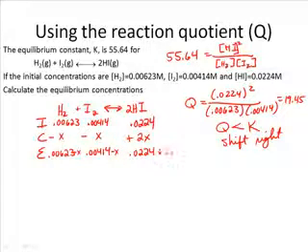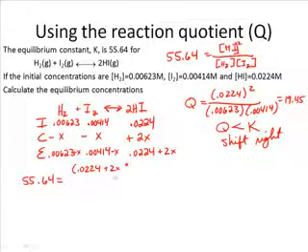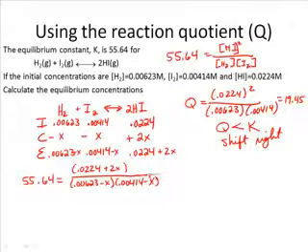So our expression: 55.64 is equal to 0.0224 plus 2X, over 0.00623 minus X, times 0.00414 minus X. Okay, and now we definitely have a quadratic in there.